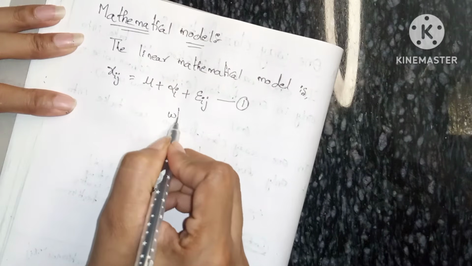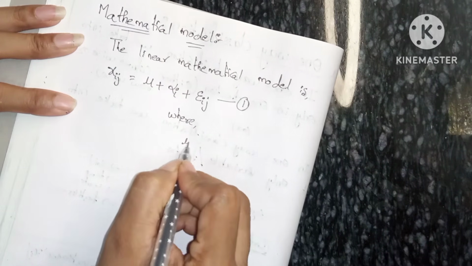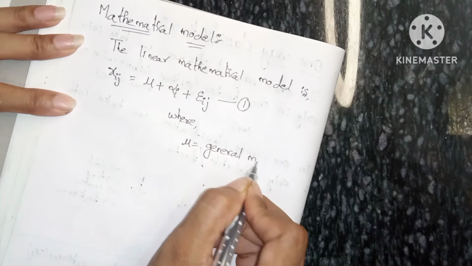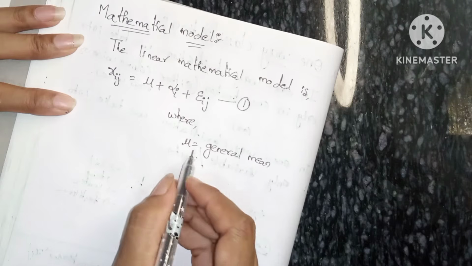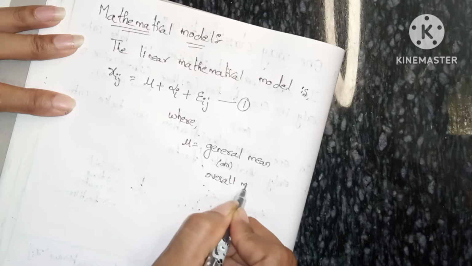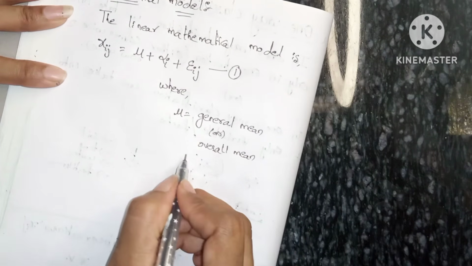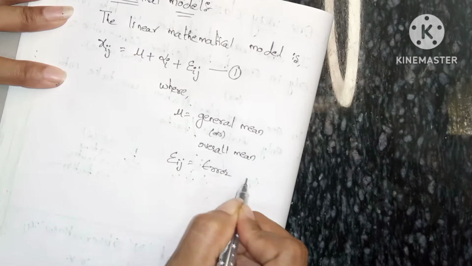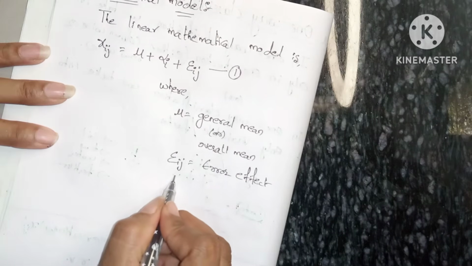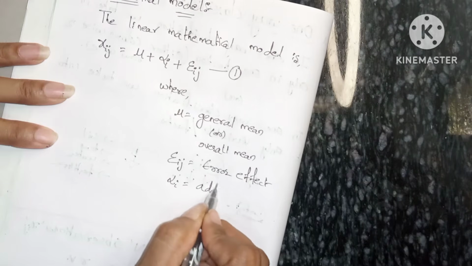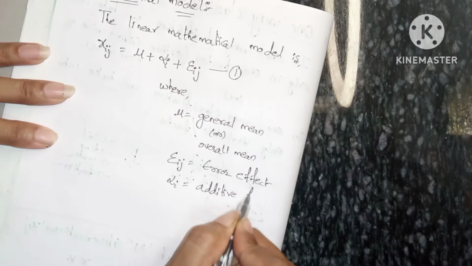Where mu, we call it the general mean, or else we can call it the overall mean. And the next is epsilon ij, this is the error effect. And the next is alpha i. Alpha i is called the additive effect.